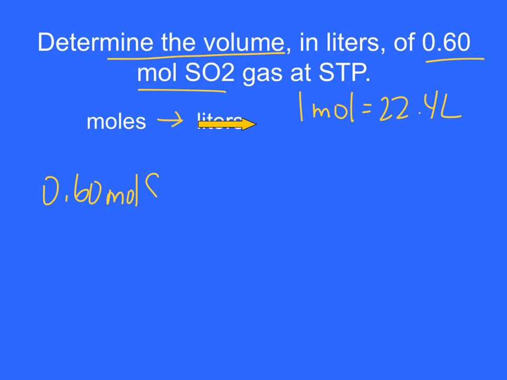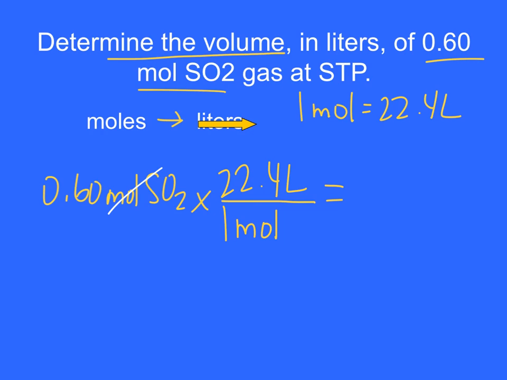This is of SO2. Now we have to figure out what's going to go on the bottom here. Should I put the 1 mole on the bottom, or should I put the 22.4 liters on the bottom? If we start off with moles here, we know we want that on the bottom of the next step. So we put the 1 mole on the bottom, and therefore the 22.4 liters will go on top.